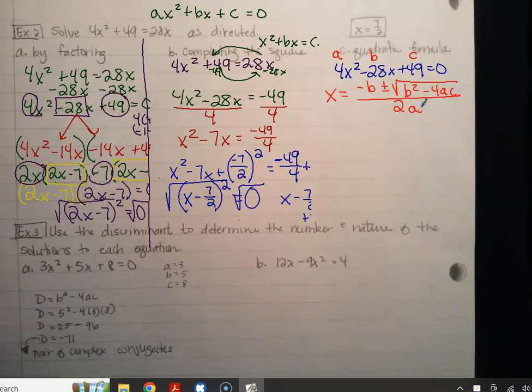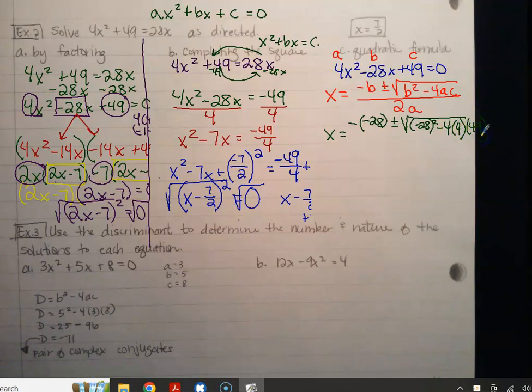All right, so let's plug our numbers in. So x is going to equal negative b, which is negative 28, plus or minus the square root of negative 28 squared minus 4 times 4 times 49.